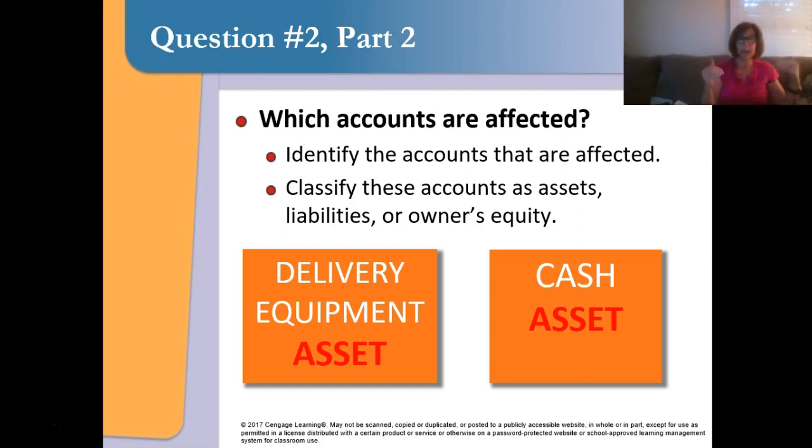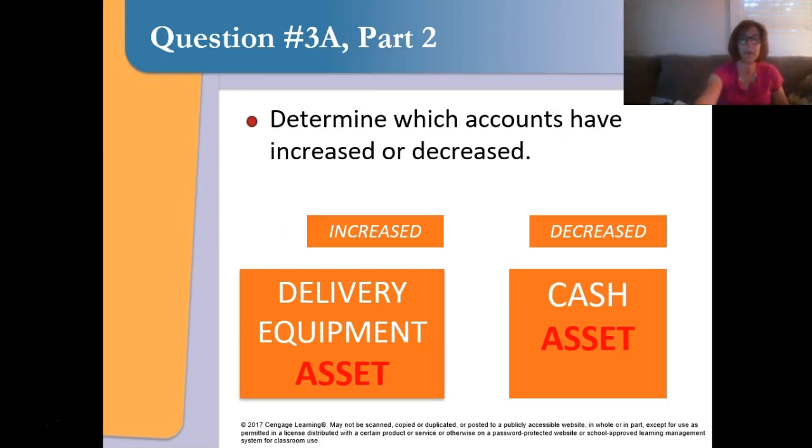So we had an asset account that increased, and we had an asset account, our cash, that went down by $1,200 when we paid for that purchase. I guess my explanation's a slide ahead, I apologize.